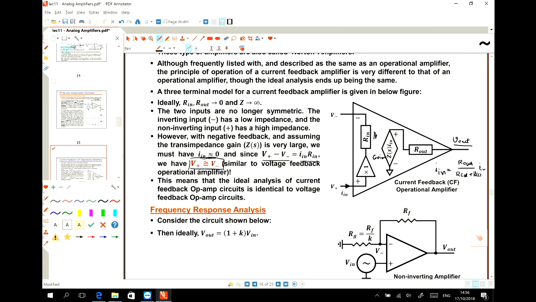As this V out is limited and this Z_S is very high, we say that this I in is almost 0.